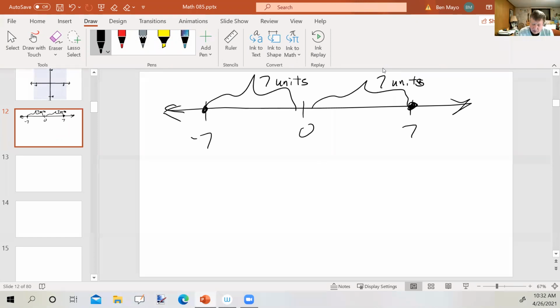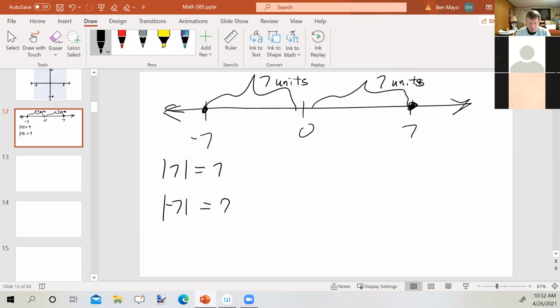Now, the notation for absolute value is 2 vertical bars. So for instance, the absolute value of 7 is 7. But the absolute value of -7 is also 7 because -7 is 7 units away from 0. Any questions about that?